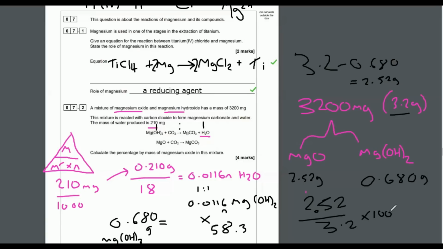Smash that in the old calculator and we come up with 78.75%. Now, we want to round to 3 sig figs normally, so I'd probably say 78.7, or in my case, 78.8. And that would be percent. And that is going to get us lovely 4 marks.